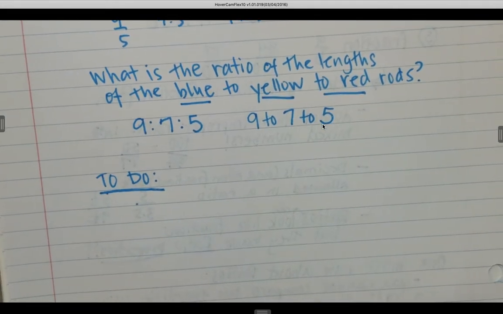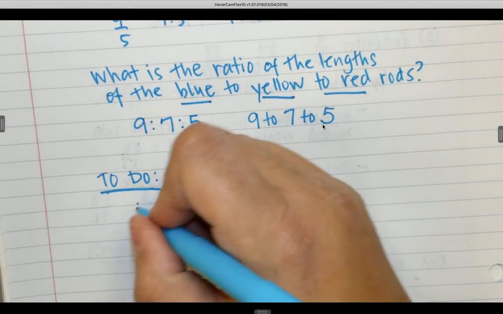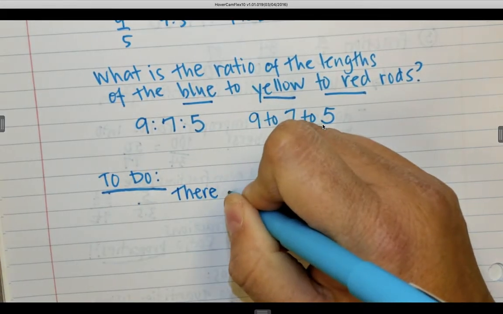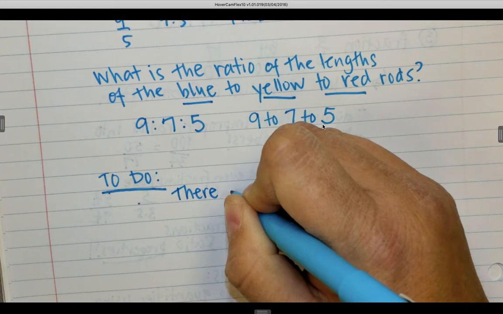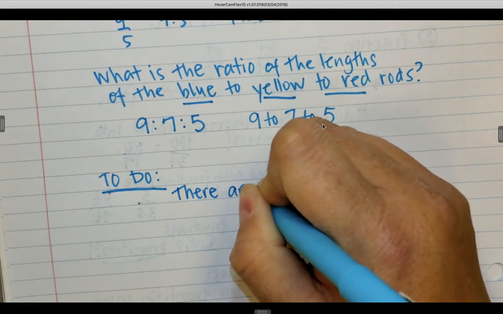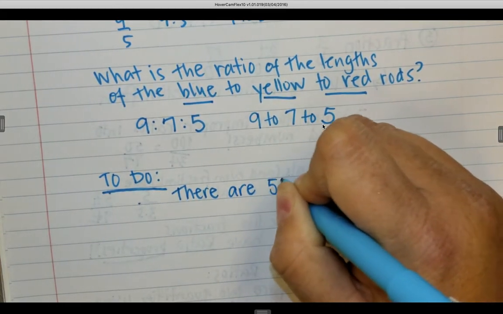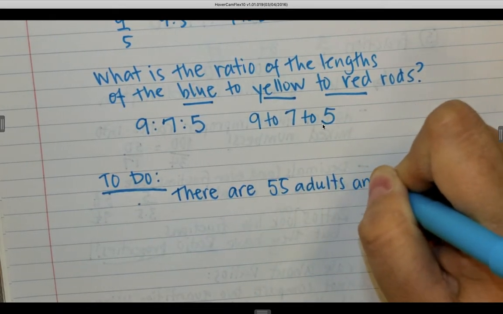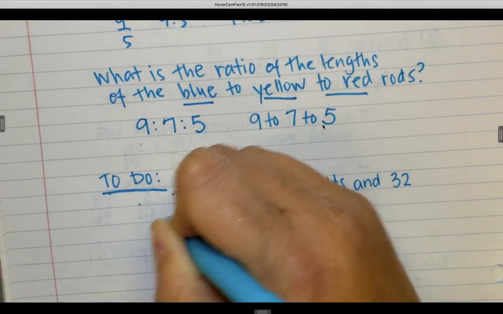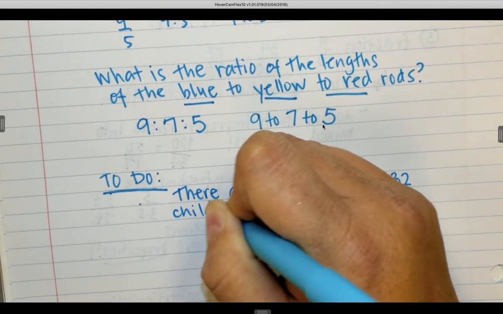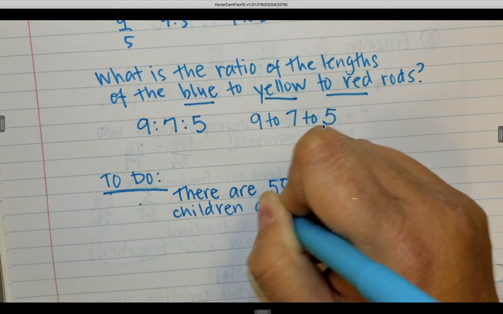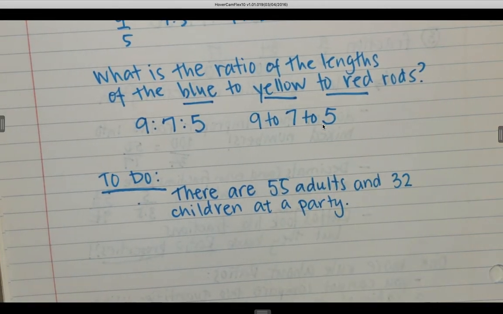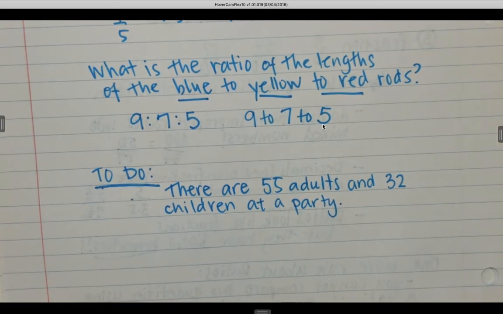So the information for the problem, please write it down. There are 55 adults and 32 children at a party. That's all the information that you need to know.